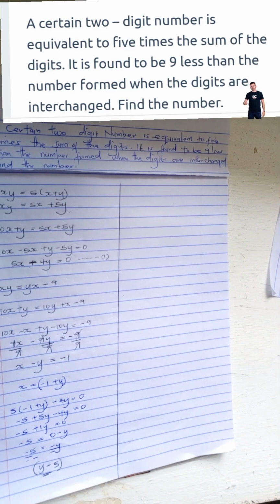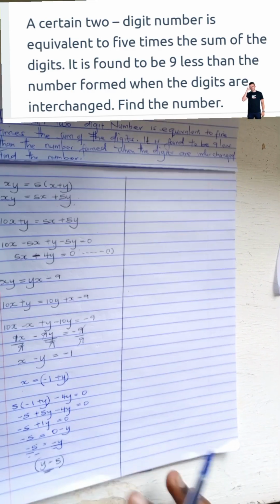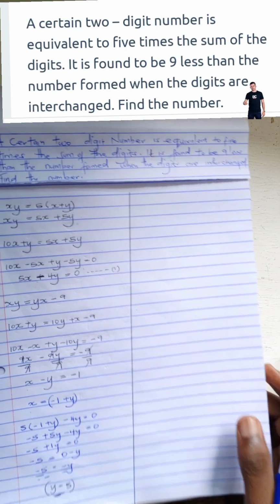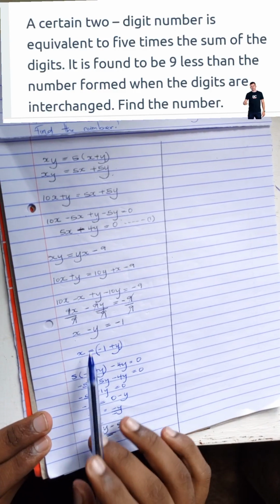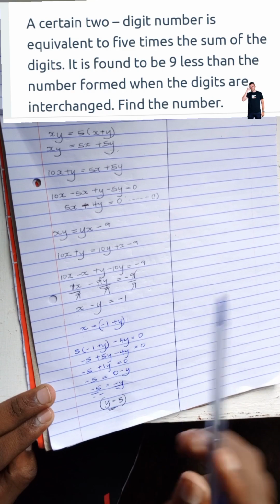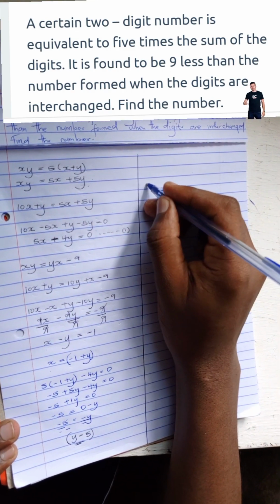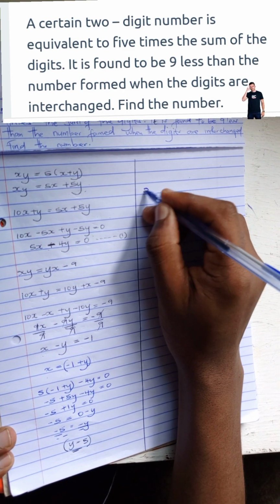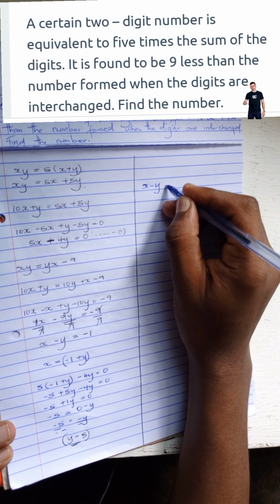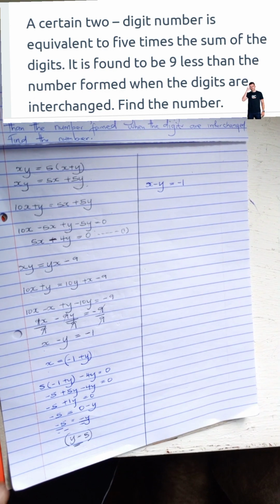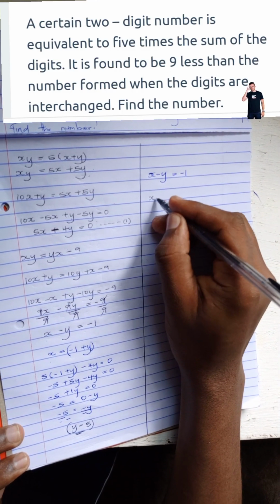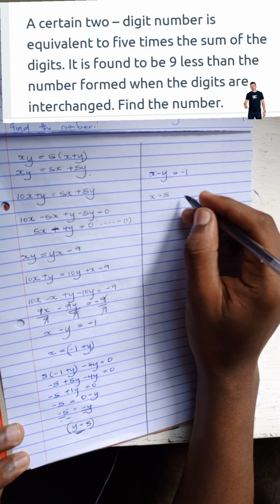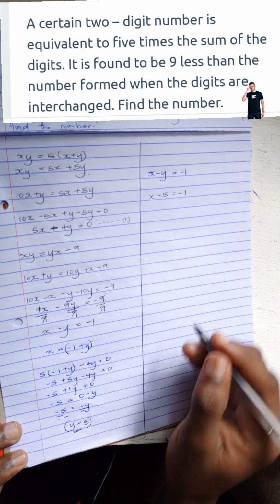We have now the digit value of y to be 5. So from this point, we can get the digit value of x. In this case, I'm going to use this simple equation here, which is, we said x minus y should give us minus 1. But at this point we have the digit value of y. So I'm going to have x minus 5 should give me minus 1.